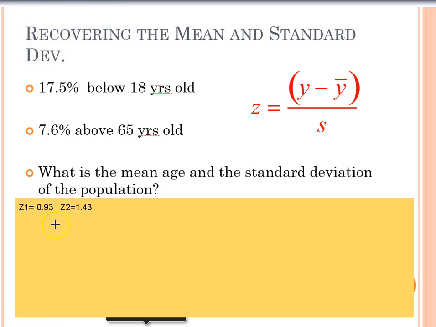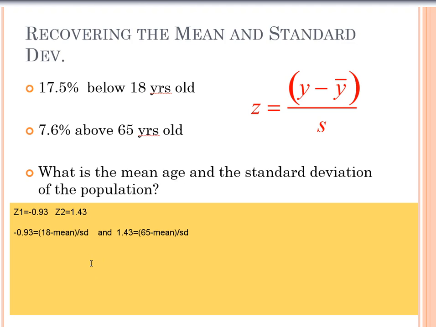So now we have our two z values: negative 0.93, and we're going to call that z1, the one that's the lower 17.5%. And then our upper z value is the one that's associated with that 7.6% above 65 years old. So this is 1.43, and we're going to call that z2. So these are the two z-scores that are associated with these two ages specifically.